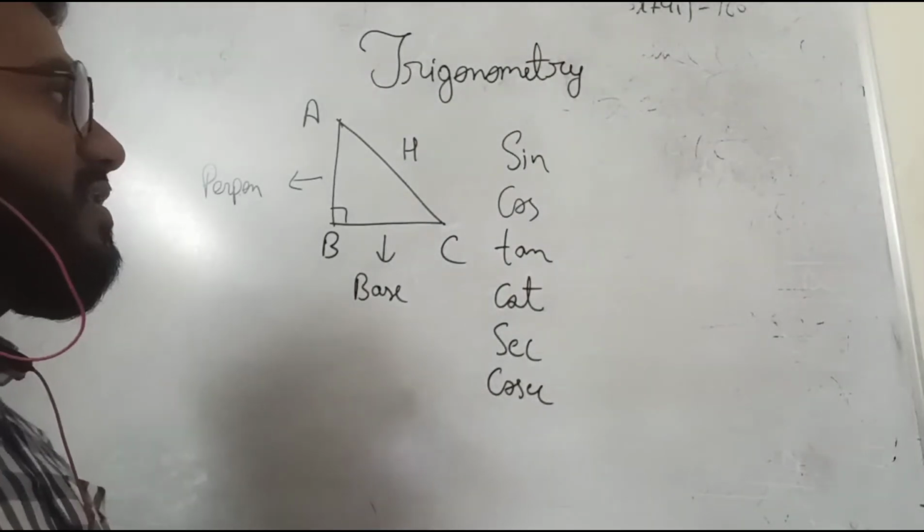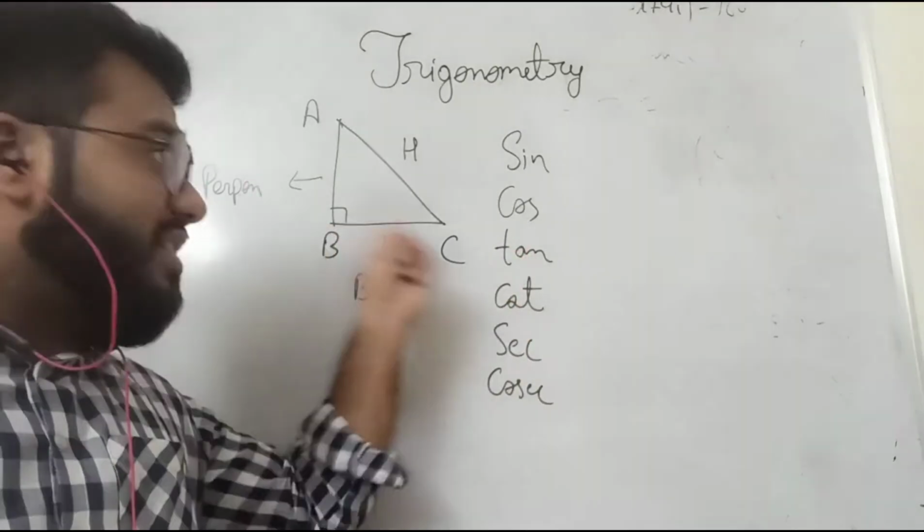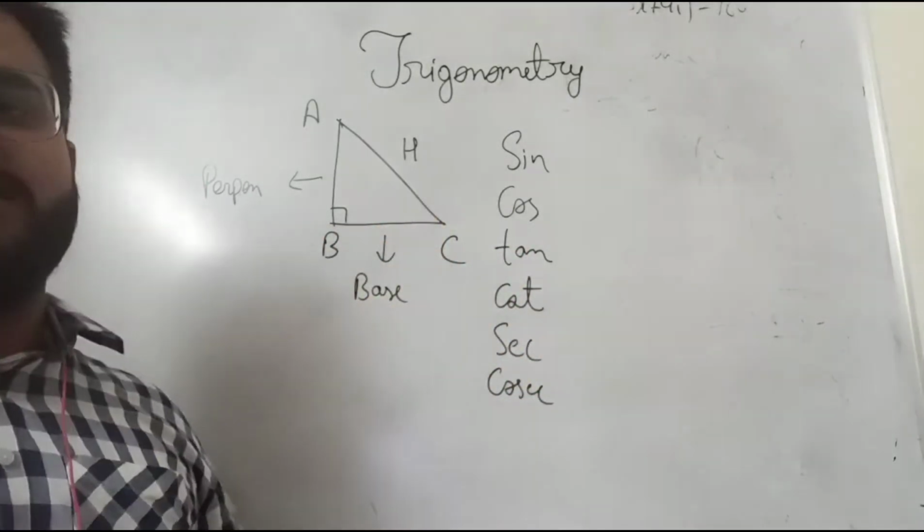Now students, if you want to find the trigonometric ratios with the help of a right angle triangle, we will be following certain formulas.